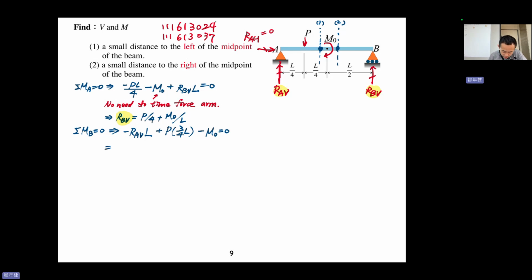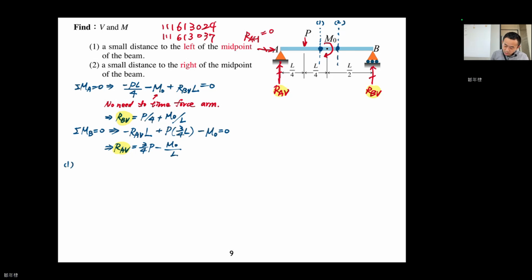So your RAV equals 3 over 4 P minus M0 divided by L. So 2 unknown has been done, right? And you see that it's more or less a symmetry. So you done RBV and RAV. Now we are ready for problem 1.